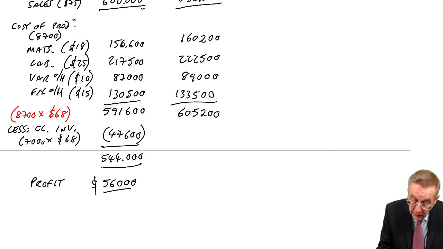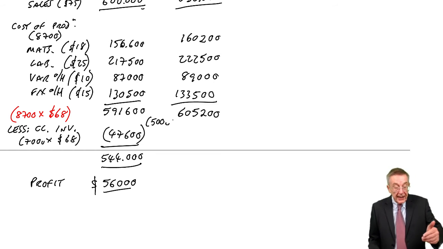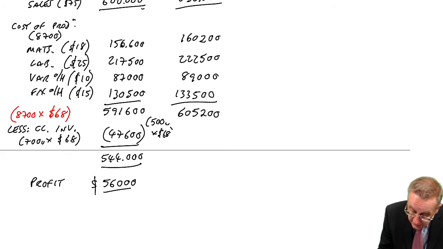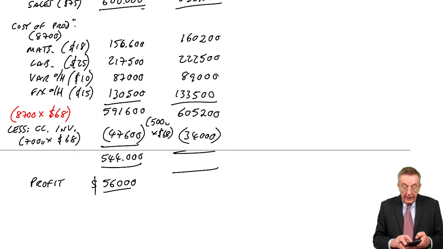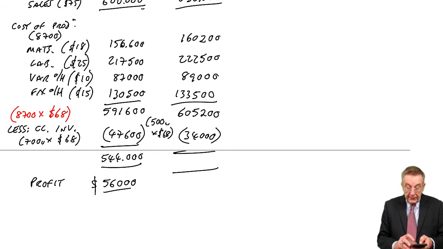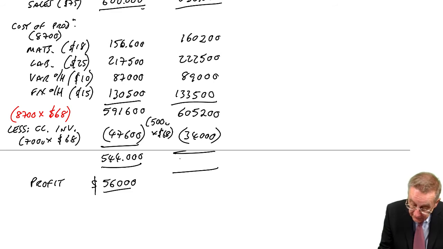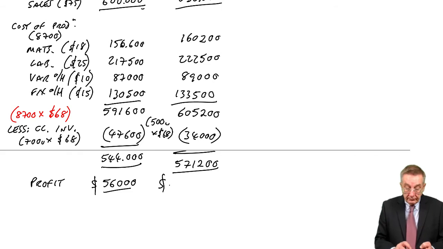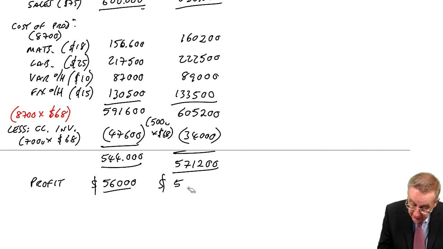And so deduct the closing inventory, which this time there are 500 units, produced 8,900, sold 8,400. At $68 a unit, 34,000. So the cost of sales, 605,200 minus 34,000 is 571,200. The profit, therefore, $58,800.